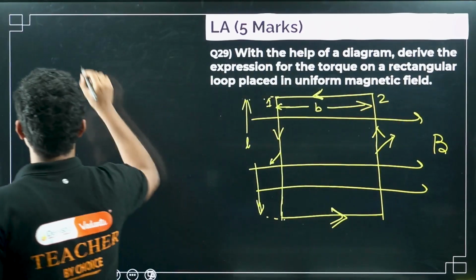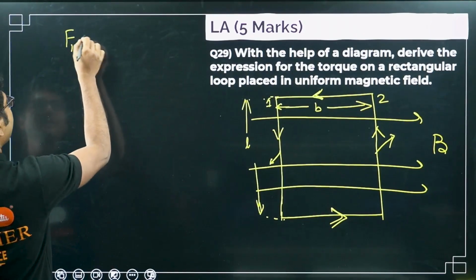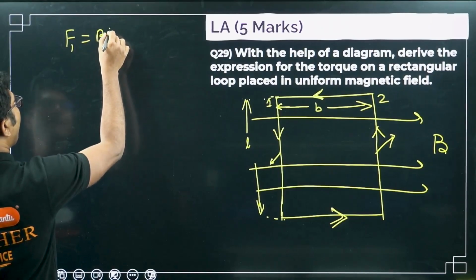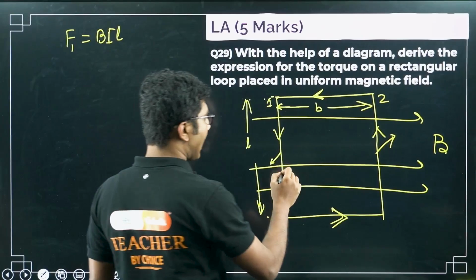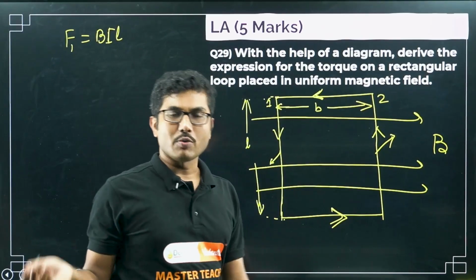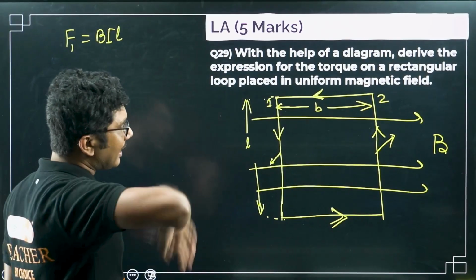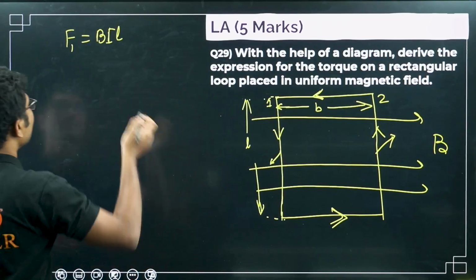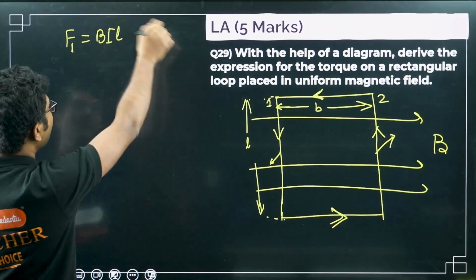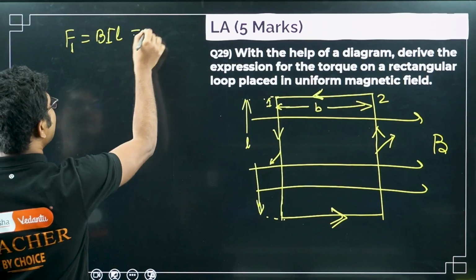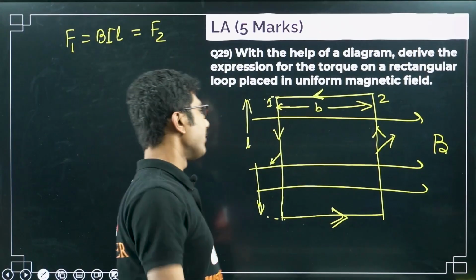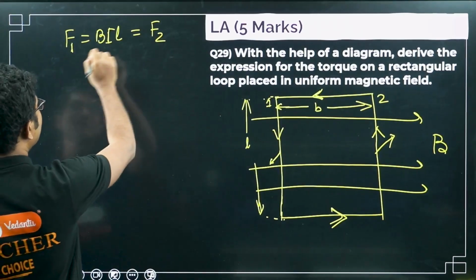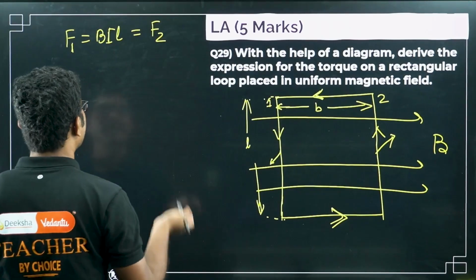So force on arm 1 is BIL sin theta, and as you can see, the angle is either 90 or 180 degrees, so in both cases it will be plus 1 only. So the magnitude of the force is BIL. Similarly, this is also F2. Very simple small derivation. So F1 equals BIL equals F2, magnitude wise.